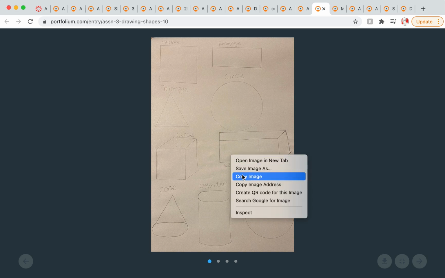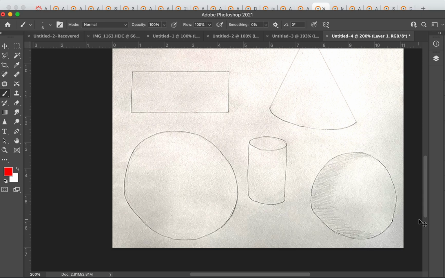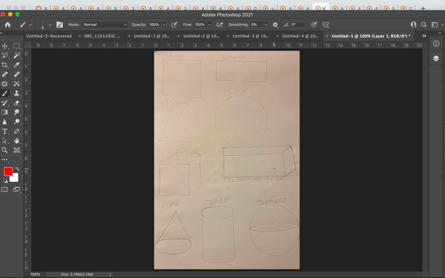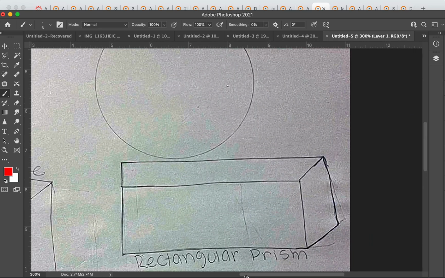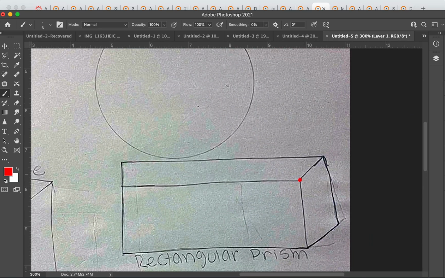Yeah, so the problems with this one are that this angle is right, but this angle also needs to go back in the same direction. So does this. And then these need to be parallel.